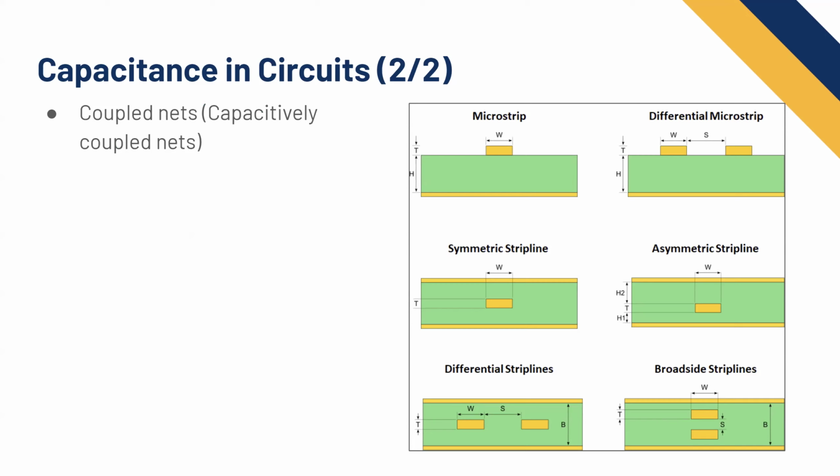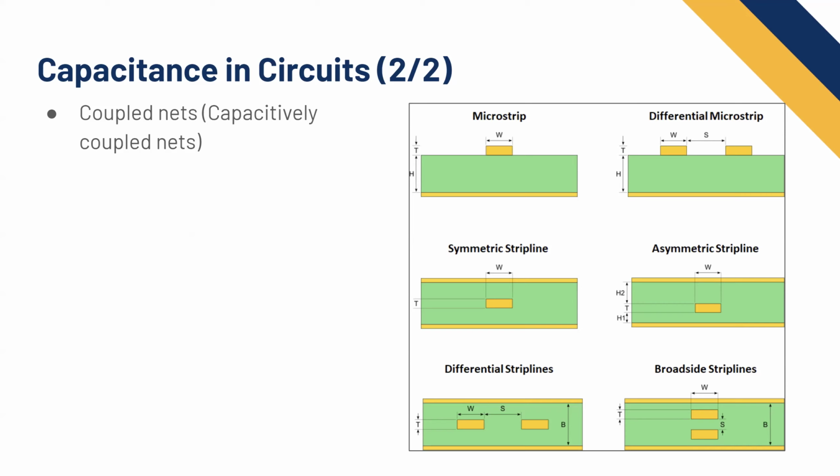Capacitance, I guess I didn't go over this. Capacitance is equal to epsilon naught, which is the permittivity of air, times the area overlap of the capacitor divided by the distance between the two, right? Up here, C is equal to epsilon naught times area over distance, right?